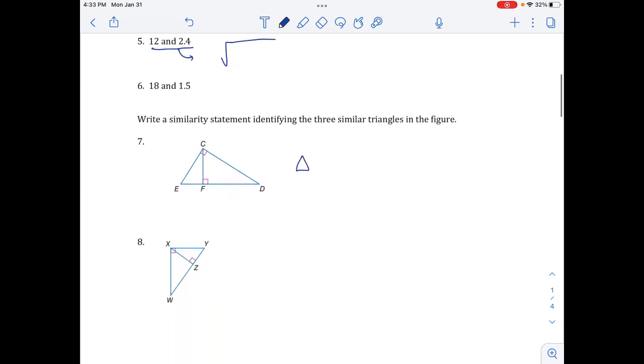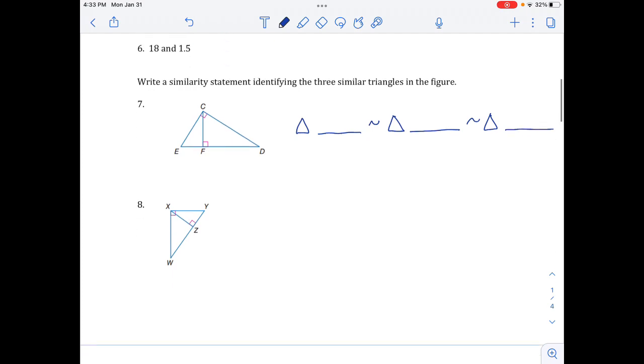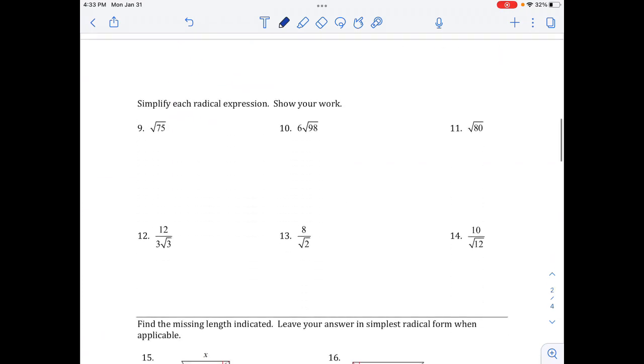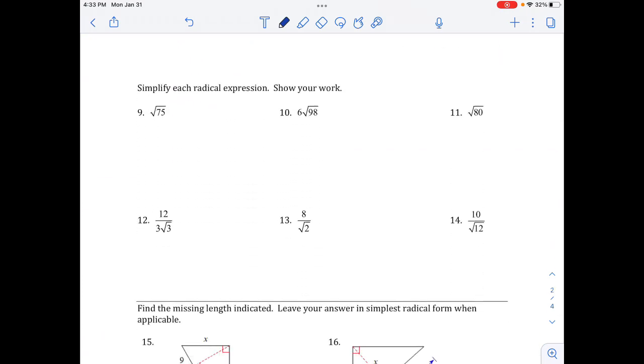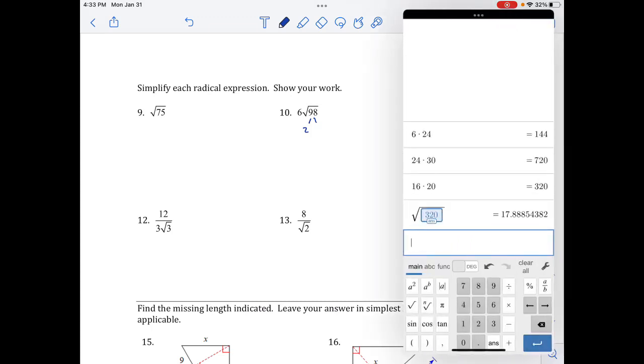7 and 8, you'll go ahead and do triangle something is similar to triangle something for both of those. 9 through 14, you're going to do factor trees. So say we tried 10, you'll go ahead and factor tree this.